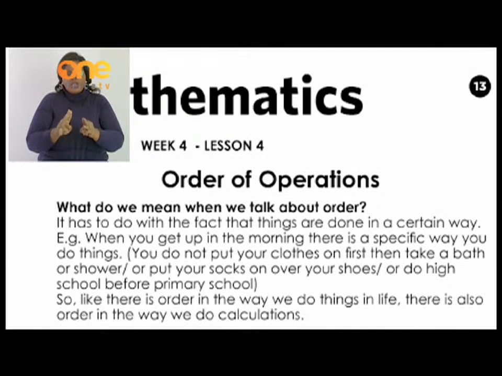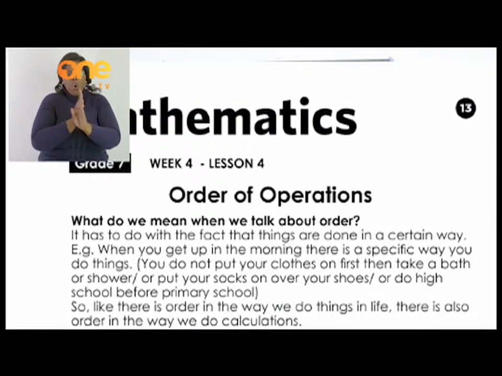You do not just put your clothes on first, then take a bath or a shower, or put your socks over your shoes, or do high school before primary school. So, like there is order in the way we do things in life, there is also order in the way we do calculations.